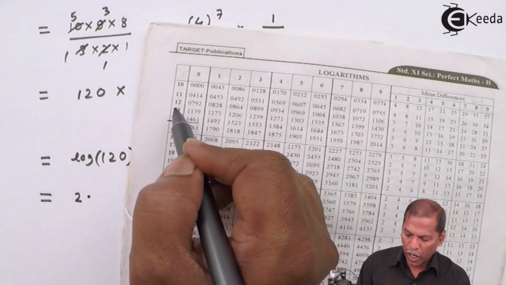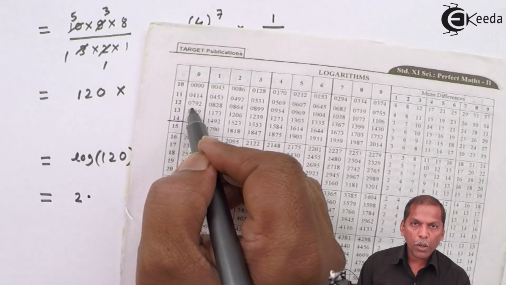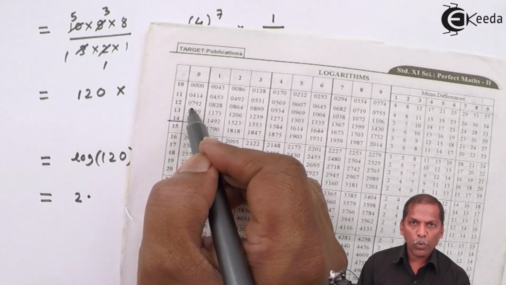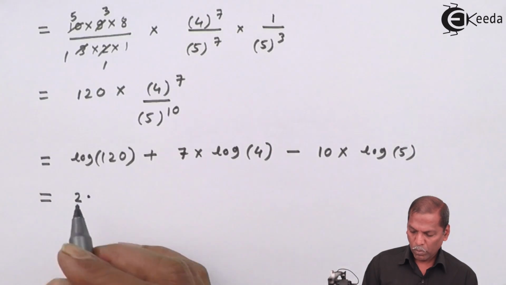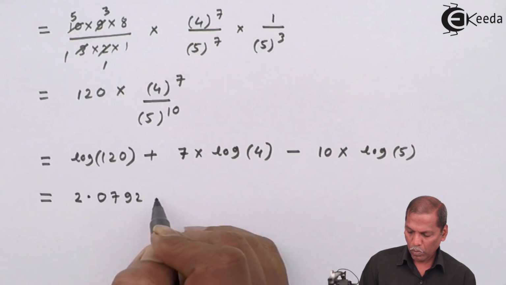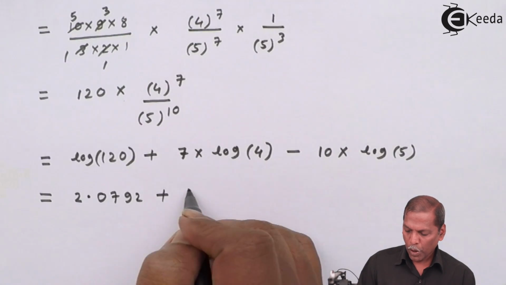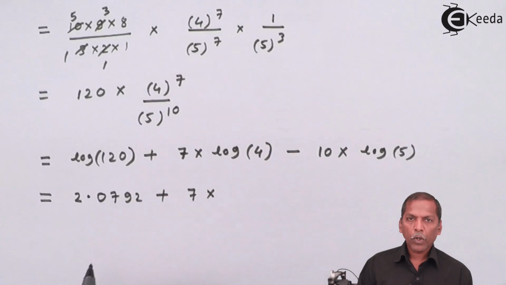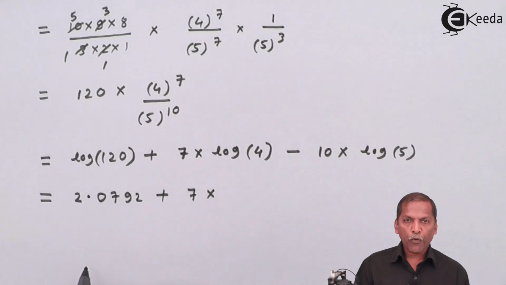So 12 under 0 gives 0792, plus 7 into log 4.